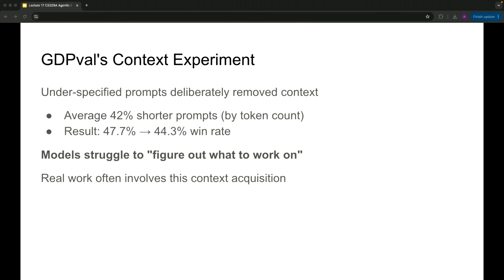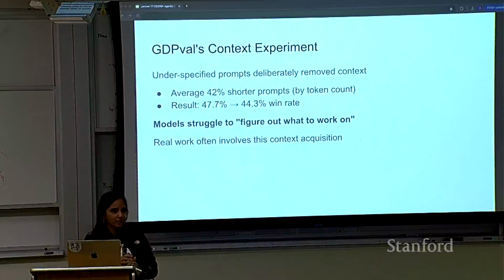Overall, if you underspecify the prompts, so if you actually remove context from the prompt, then the models do end up not doing that well. In their particular case, there was a few points lower in terms of win rate, but in terms of actual model output, the models actually struggle to figure out what to work on. So when you're doing real work and you can specify all the context that the human had in their head, and it's mostly about reasoning and just executing a certain set of tool calls, then the models can do the job.